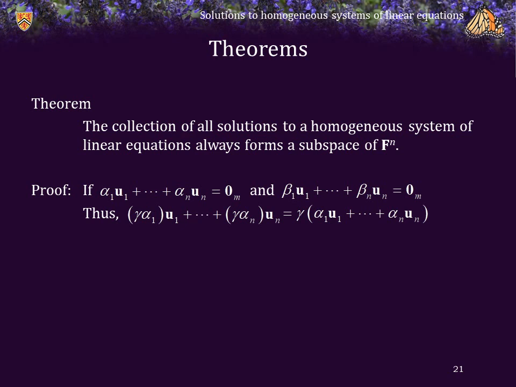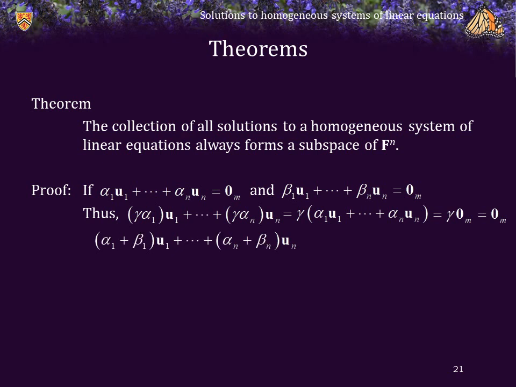So all we're left with is gamma times a linear combination that we know equals the zero vector. So this just ends up being gamma times the zero vector, and any scalar times the zero vector is the zero vector. Thus, gamma times the vector alpha is still a solution to the homogeneous system of linear equations.